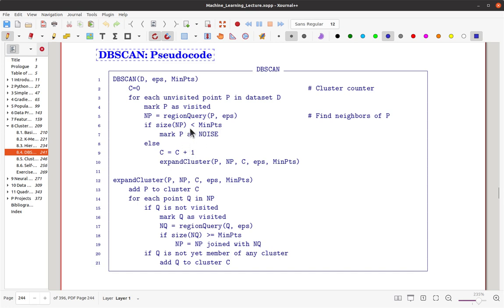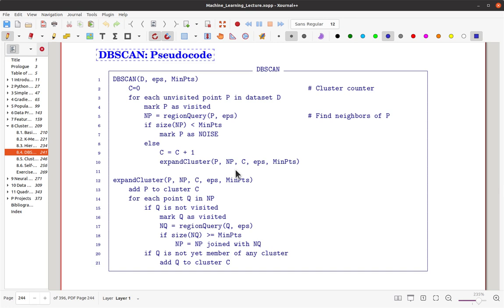If at least M points are there, then now here is the first cluster, so that C is incremented by 1, which means we have one cluster now, and then from P and its neighborhood we expand.